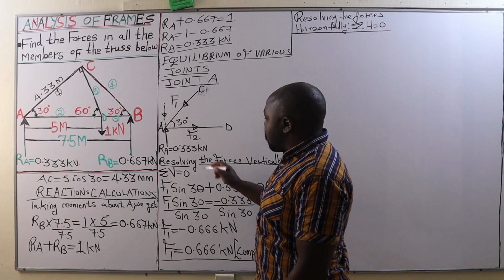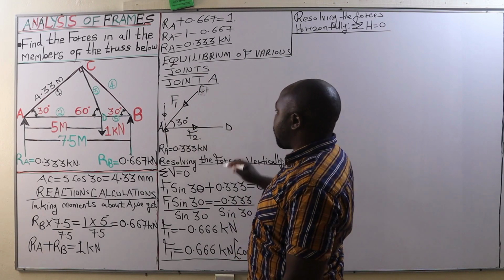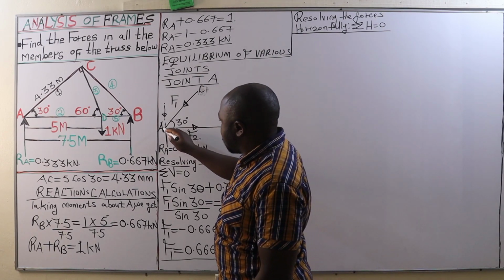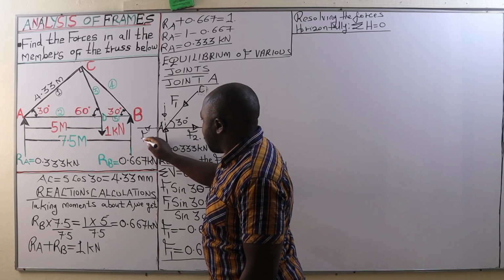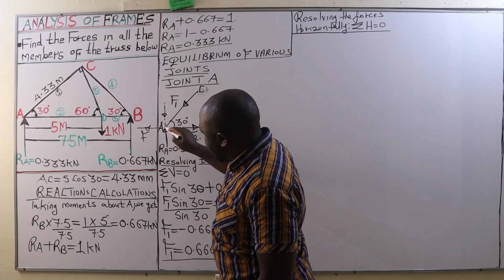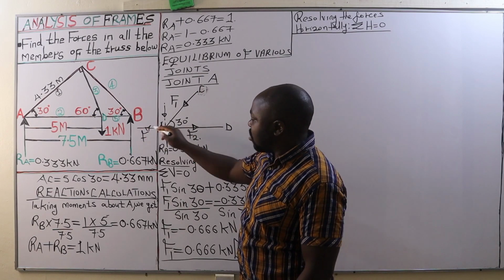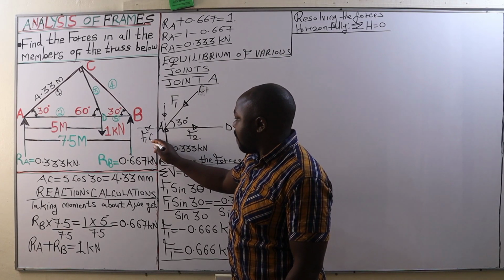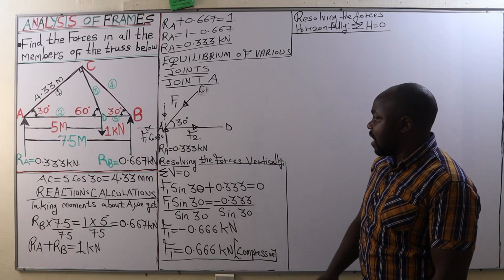Horizontally, we have F2 acting away from joint A, and the force F1. The horizontal component of F1 at joint A is F1 cos 30.